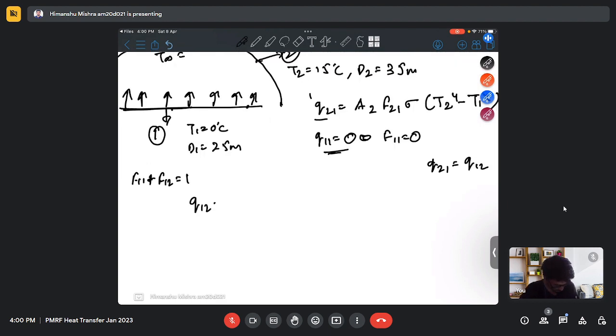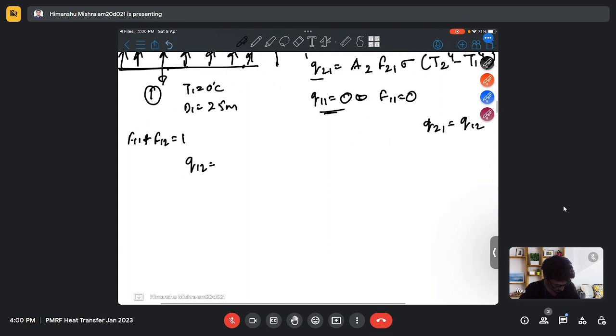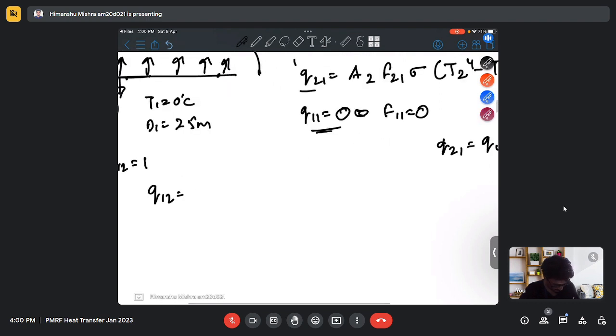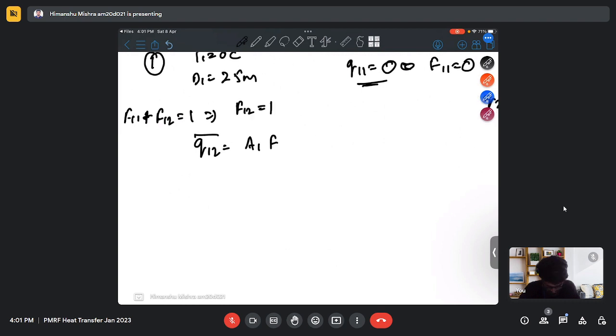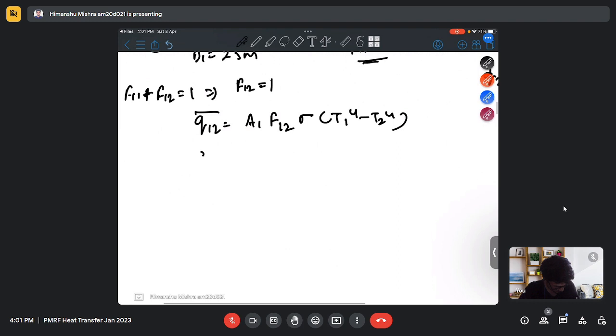So my Q12 will be, okay, let me write it. Q12. So here my shape factor F12 will be 1, which means this is 1 here because this is 0.